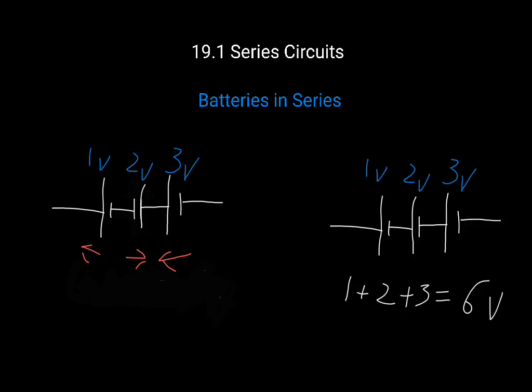So to figure out the total voltage here, we take 1 volt minus 2 plus 3 to end up with a final voltage of 2 volts, because we have some voltage pushing one direction and some voltage pushing the other direction.